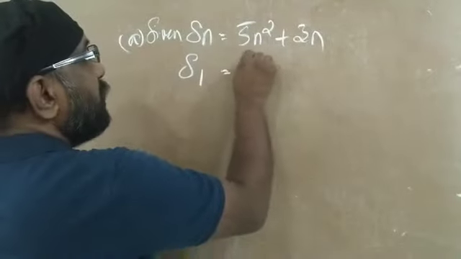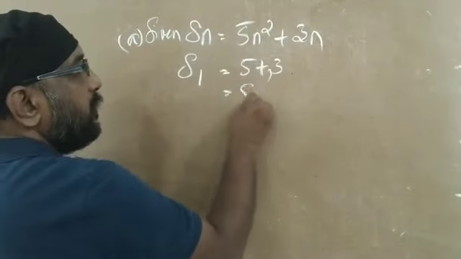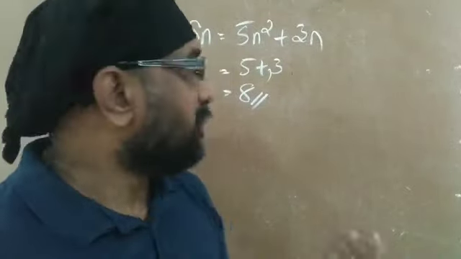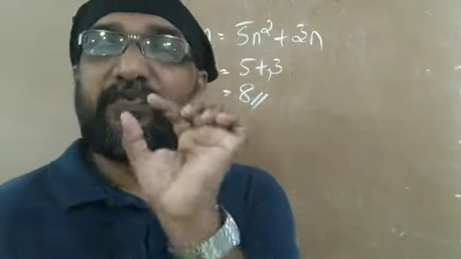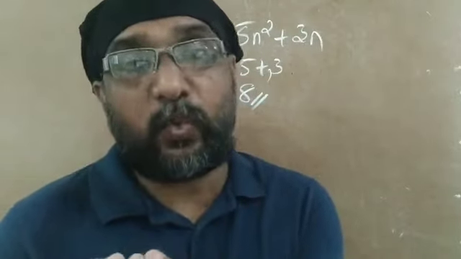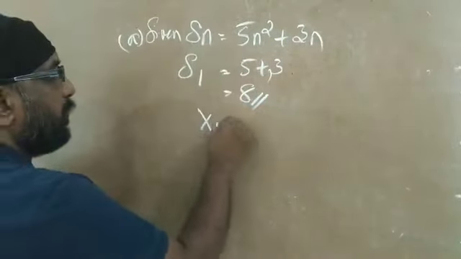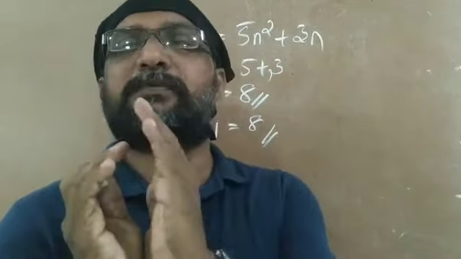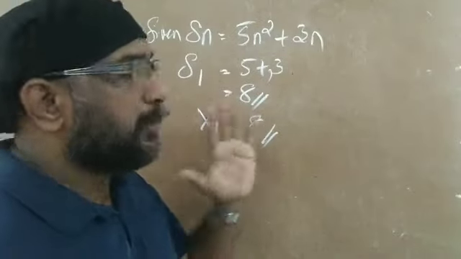S1 is equal to 5 + 3 = 8. Sum of the first 1 term means the first term x1. Usually the first term is represented by x1, or by small letter f. So the first term is equal to 8.